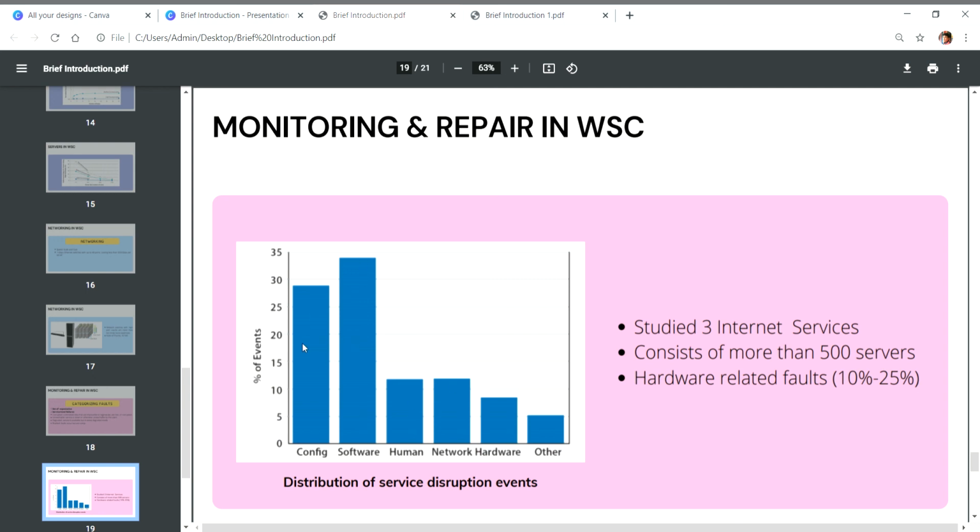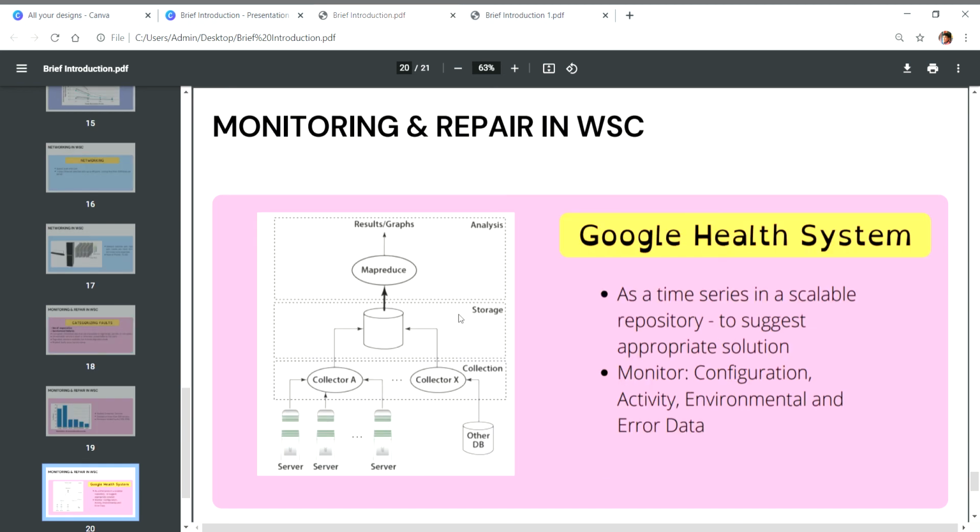Next is how to monitor the problem and how to repair the services in the event.